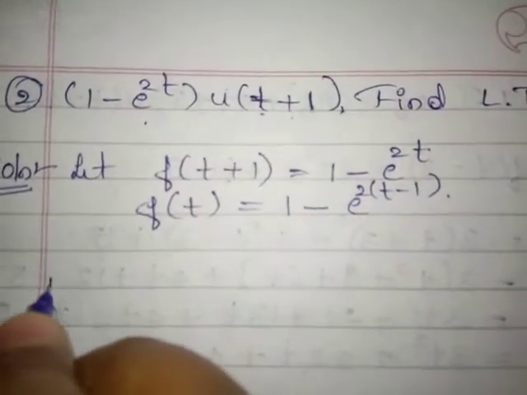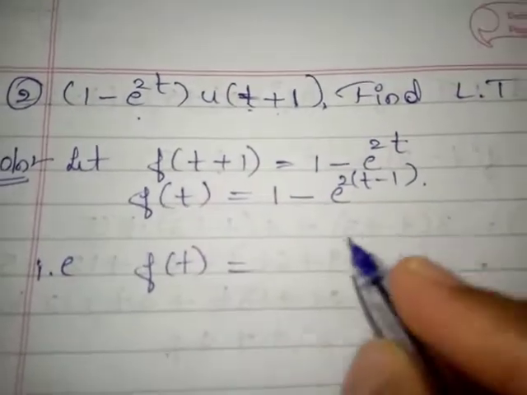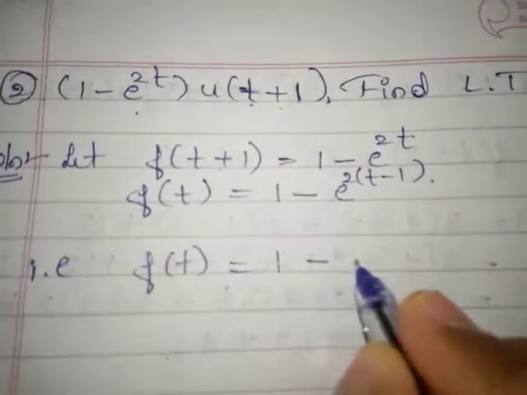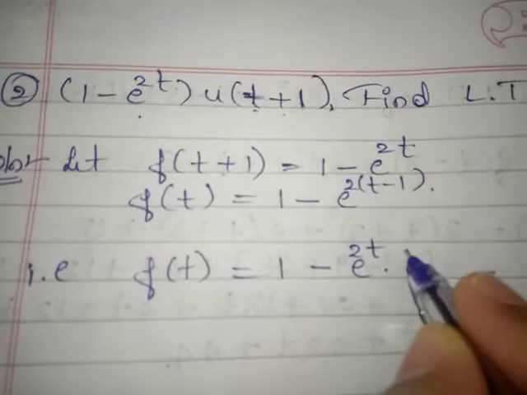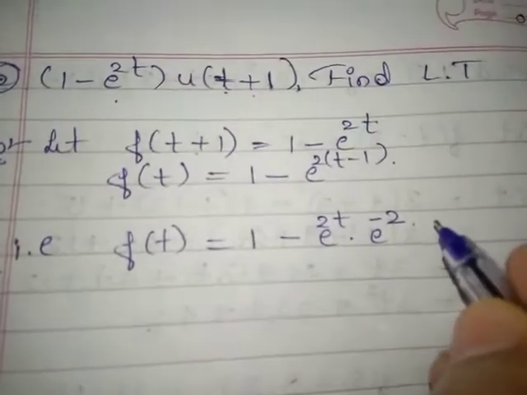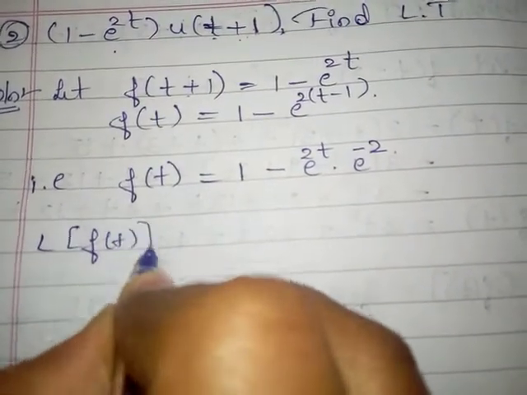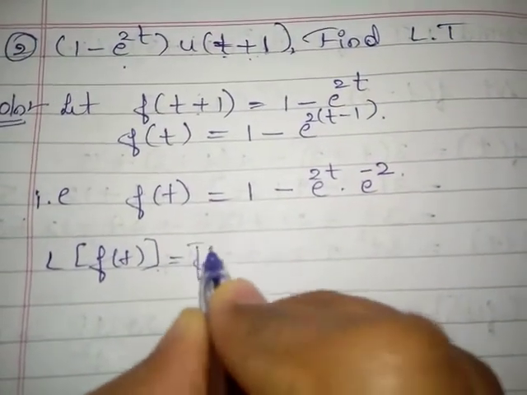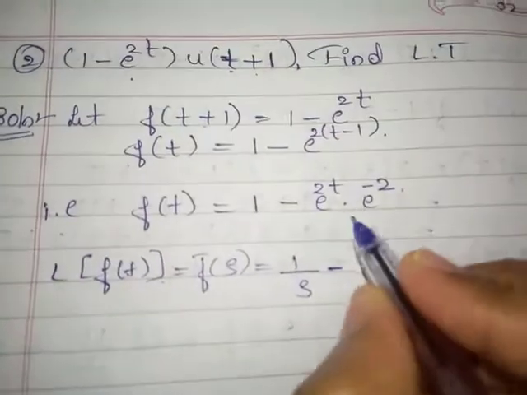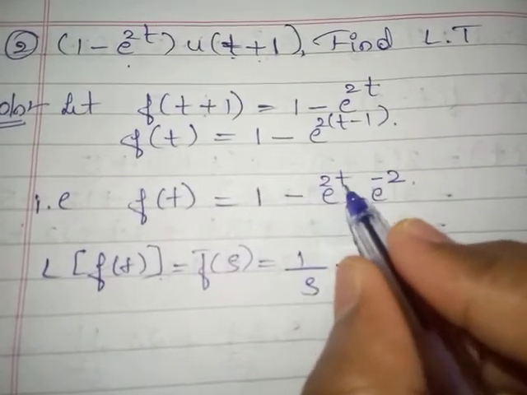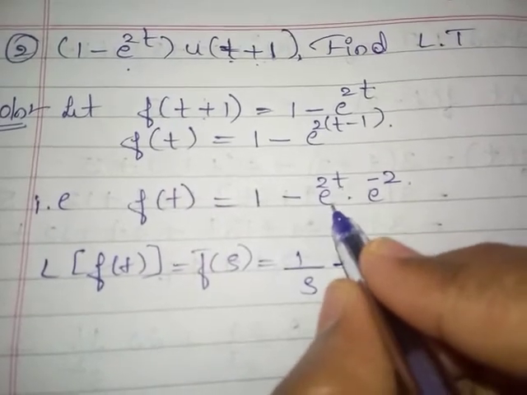We get f(t) equal to 1 − e^(2t) times e^(−2). Now find the Laplace transform of this one. L of f(t) is equal to f bar of s, which is the Laplace transform of 1, which is 1 by s, minus. See here e^(2t) is there, here we have a variable, so we have to write the Laplace transform for this only.